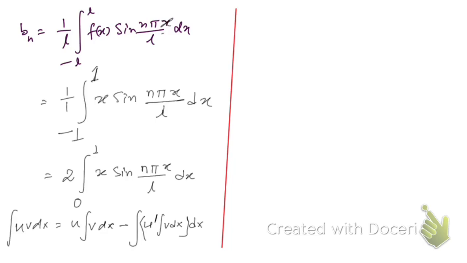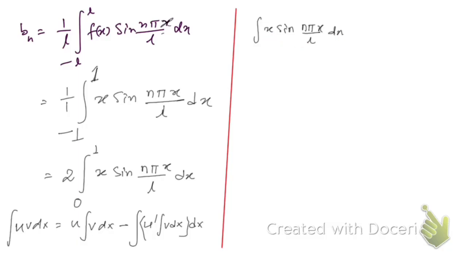Let me first integrate this function, then we're going to put in the upper limit and lower limit. First let me find the integration only: x sine n pi x by l dx. So here x is to be considered as u and this part is considered as v.